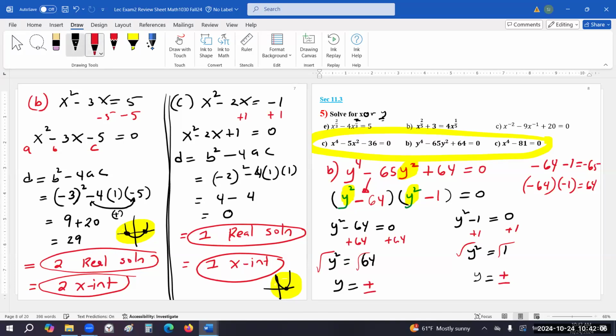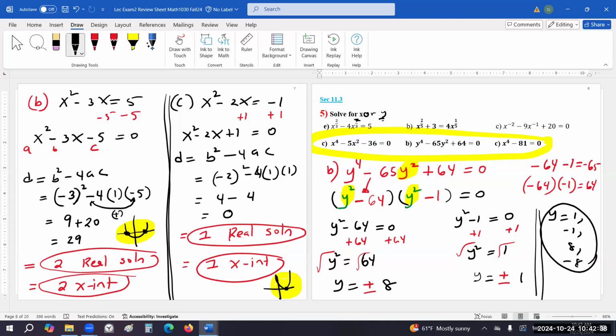Anytime you take the square root of a variable, it doesn't matter what the variable is, you must always put plus minus. And what is the square root of 64? 8. And square root of 1? 1. So we have a total of 4 answers. y equals 1, negative 1, 8, negative 8. And they all are real.